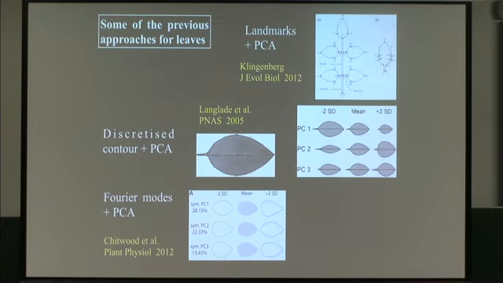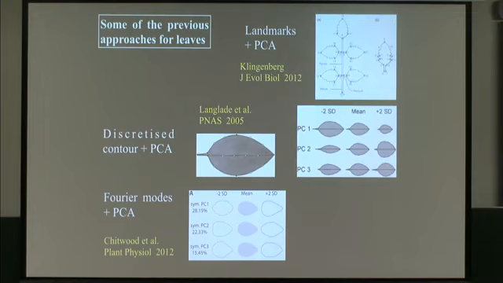Other approaches. At some point, don't you need to have more landmarks appearing during the evolution? Yeah, when it's growing. Here, most of the previous work was done on mature leaves, in which you don't care about the fact that they grow, so you don't need to reparameterize or introduce new landmarks.